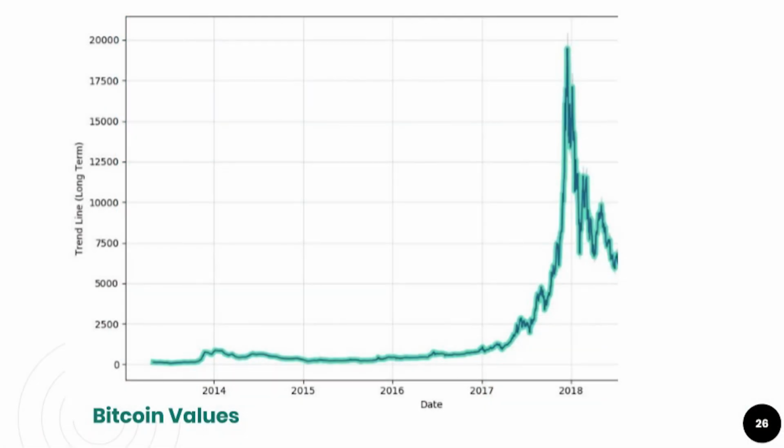So this is the chart showing the value of Bitcoin from the past, almost nothing at the very beginning, of course, then a big hype over there, and now around this.